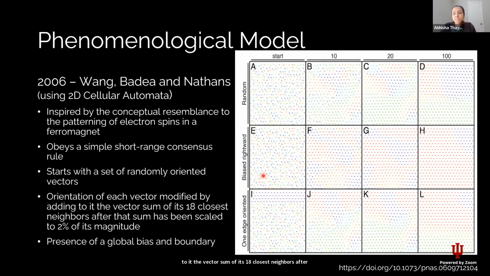So this is a simple cellular automata model in which a local consensus rule acts iteratively to bias each hair's orientation in favor of the average orientation of its neighbors. This model describes two systems for hair orientation with the presence of a global bias and a boundary signal.